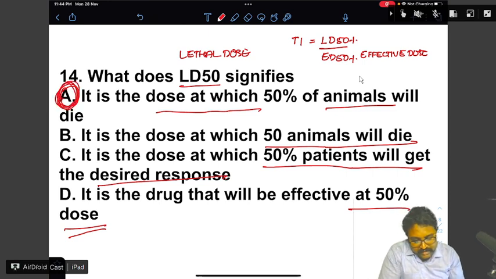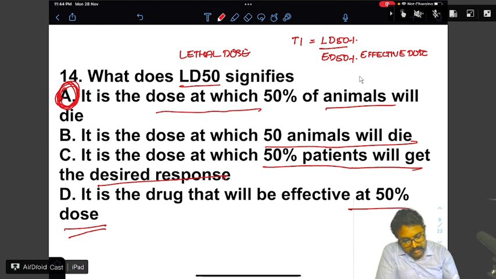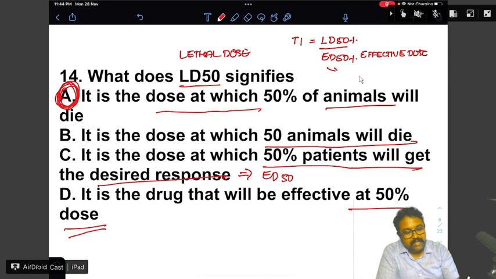Whereas ED50 is the dose at which 50% of the patients will get the desired response. Basically, we will come to know the safety profile of the drug.